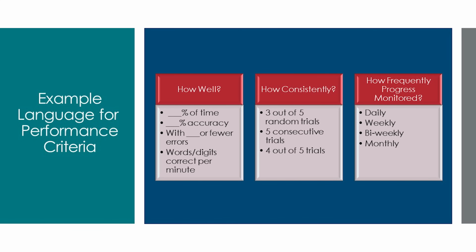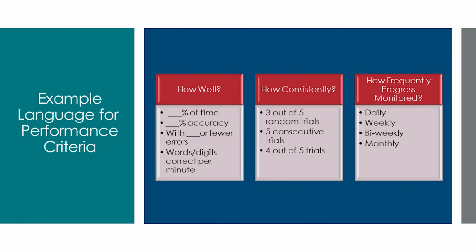Criterion 2 is the number of times to demonstrate mastery, or the how consistently. So some examples to think of are 3 out of 5 random trials, 5 consecutive trials, and 4 out of 5 trials. So how consistently do you want the student to perform this behavior? And then how frequently are you going to progress monitor the behavior? And that's criterion level 3, which is the evaluation schedule.